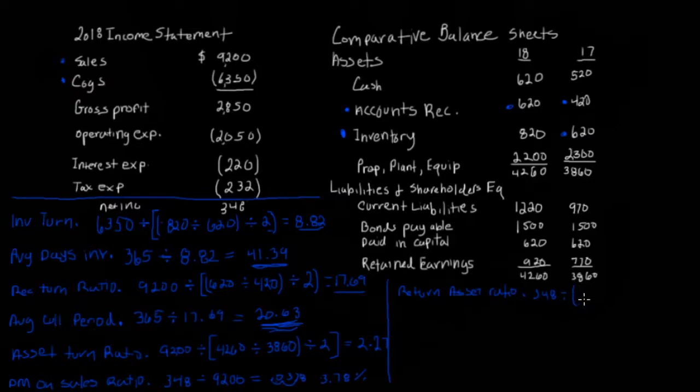And you're going to divide that with your total assets of 4,260, compared to last year's 3,860, divided by 2. And you'll get a product of 8.57.